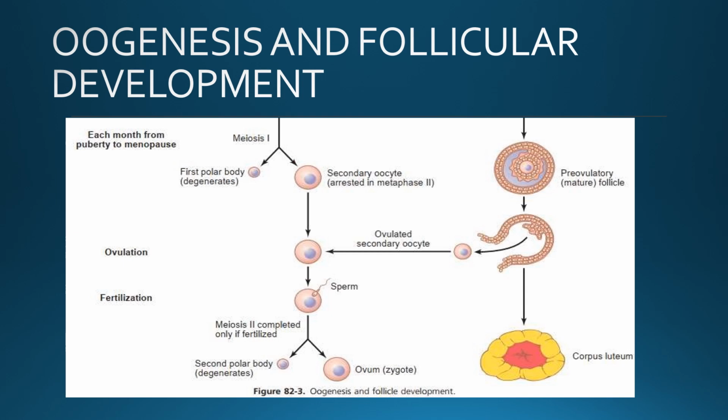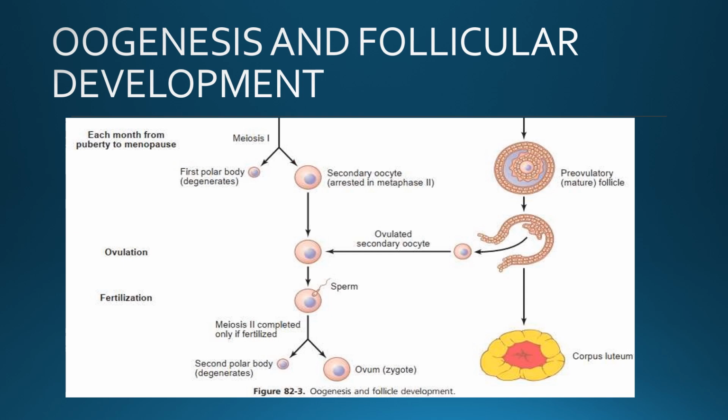The primary oocyte, which is in the prophase of the first meiotic division, completes the division just before ovulation. As a result, a secondary oocyte containing most of the cytoplasm and the first polar body are formed. The first polar body fragments and disappears.